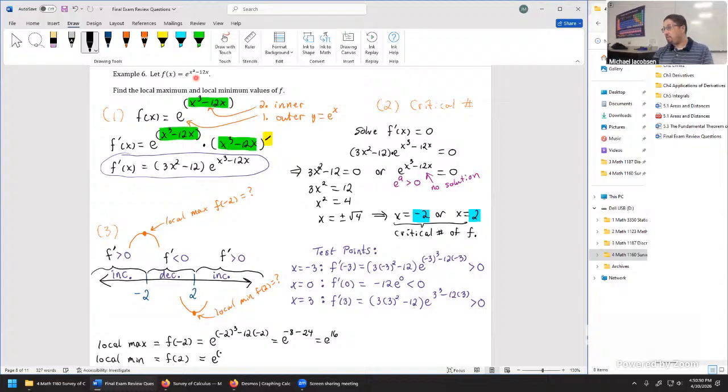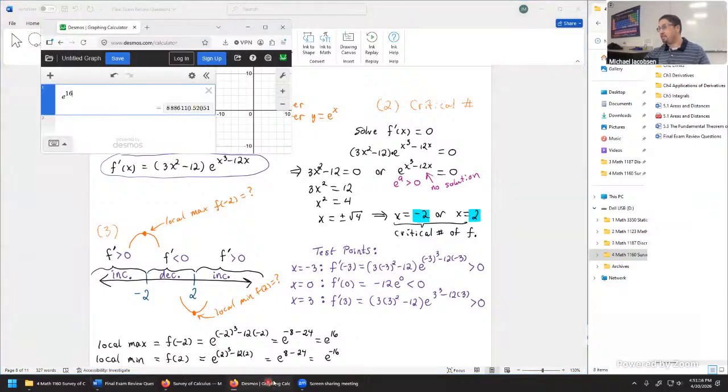Take e to the power of +2 cubed minus 12 times 2. So that was just plugging 2 up here. That's going to be e power 8 minus 24. And 8 minus 24 is -16. So this function had some kind of odd symmetry about it. The maximum was e power +16, a gigantic number.